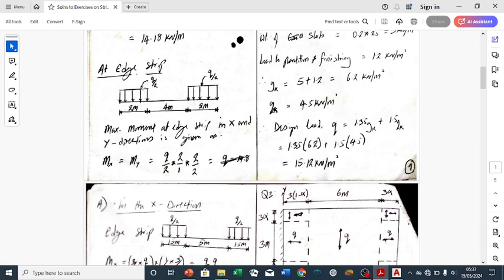If you change it, you will have Q over 2 multiplied by 2 over 1. By the time you place it at the middle of the load and you are taking moment at this edge, the distance from where you place it to this edge is going to be 2 over 2.